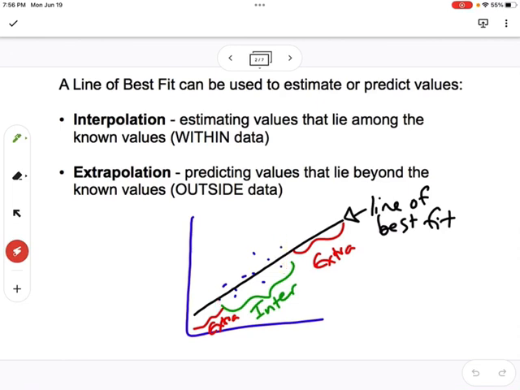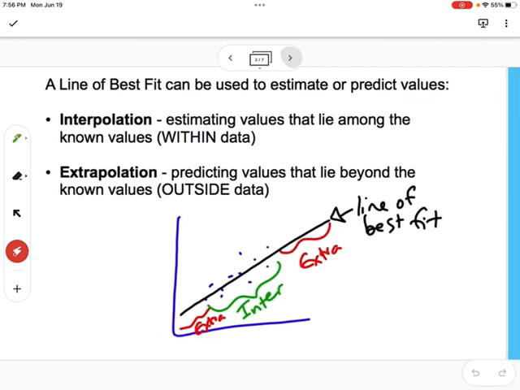Extrapolation is predicting values outside of the data, and this can happen before the data starts, and it can also happen after the final piece of data that we have. Okay, so that's our interpolation and extrapolation.